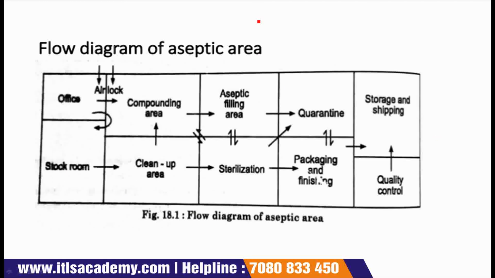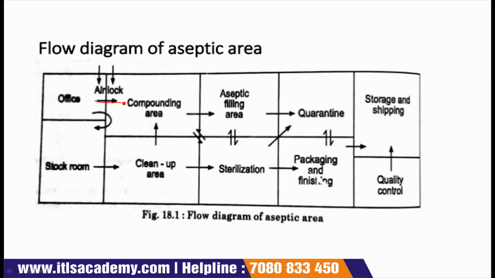Here you can see this is a flow diagram of aseptic area. You will see what components are included in aseptic area. This is office, this is stock room. Things from office come to stock room. This is air channel.